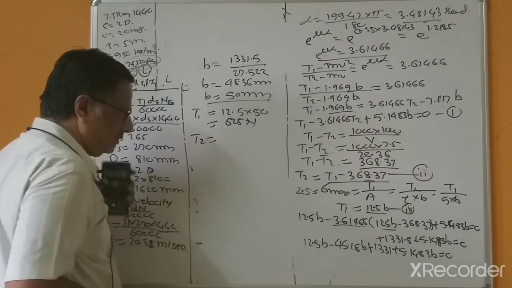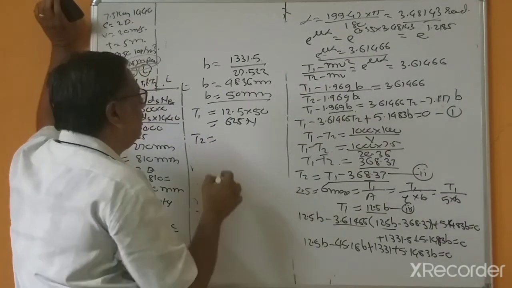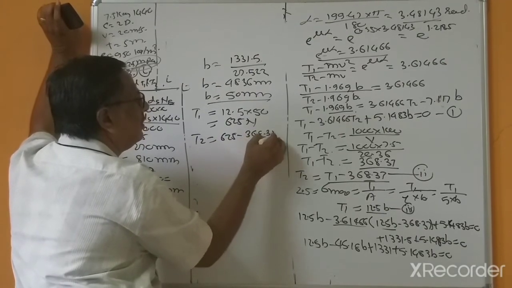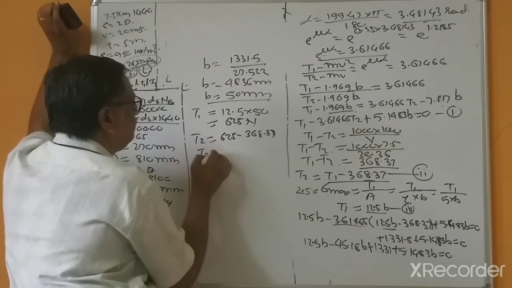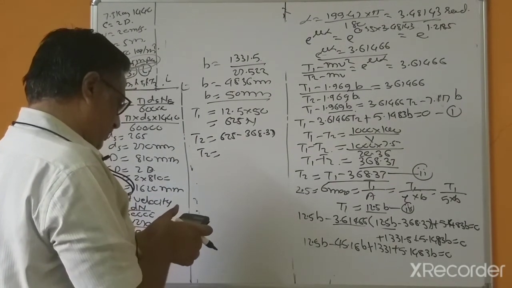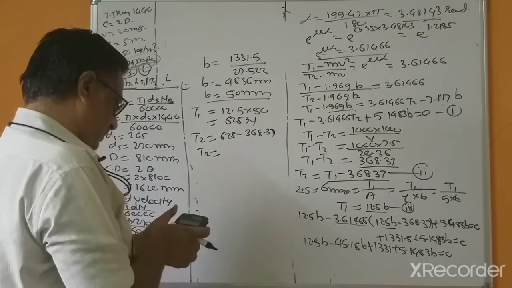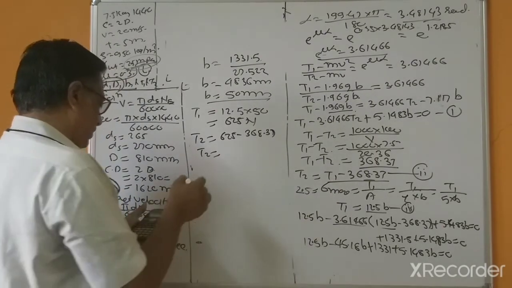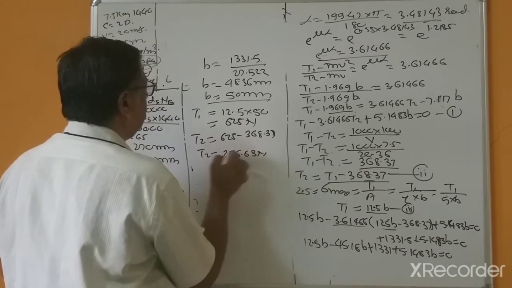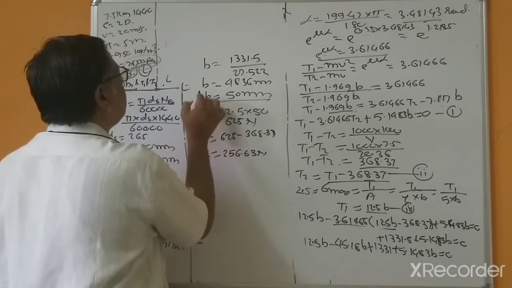T2 equal to 625 minus 368, 256.63 Newton. So this is your expected answer.